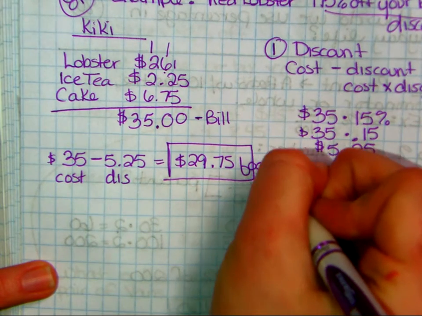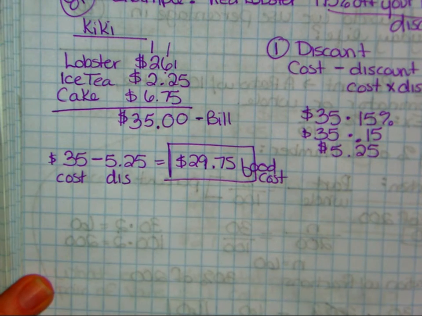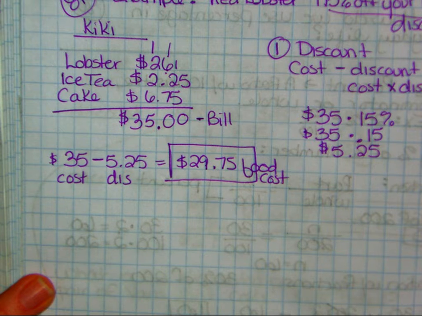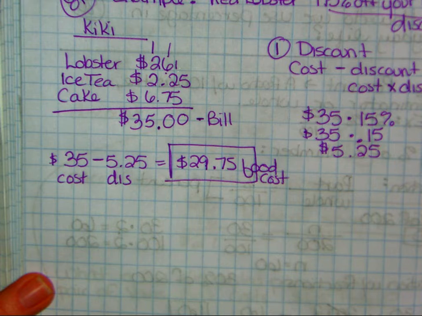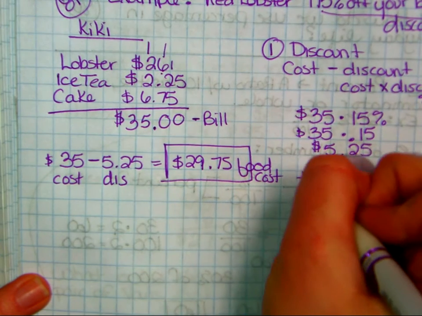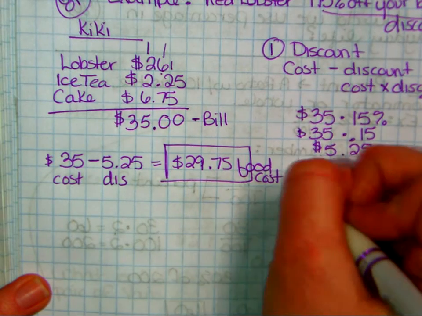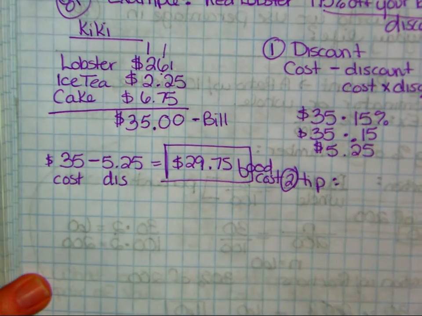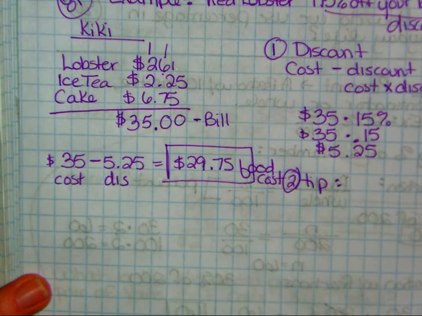Now what do I need to do now? Tip. Now I'm going to say let's do the tip, shall we? Kiki, how was your service? Good. It was good? Mm-hmm.